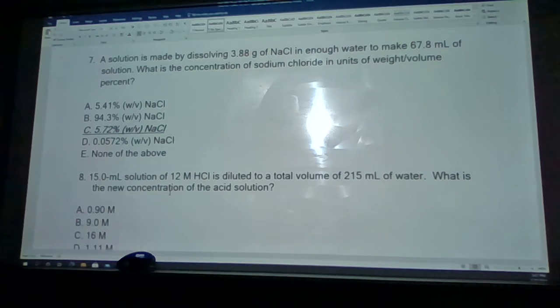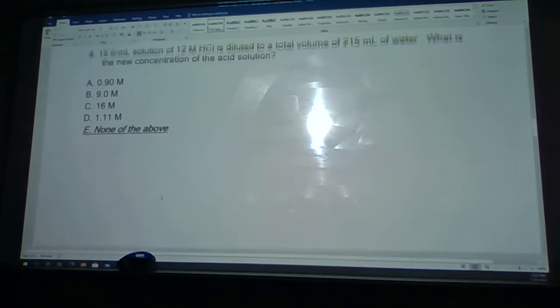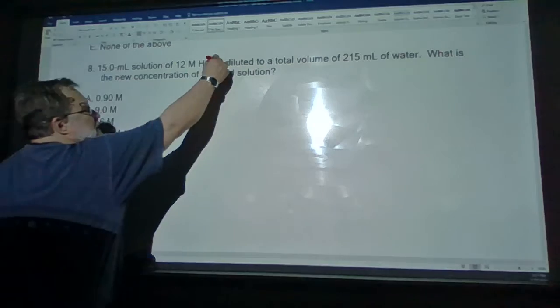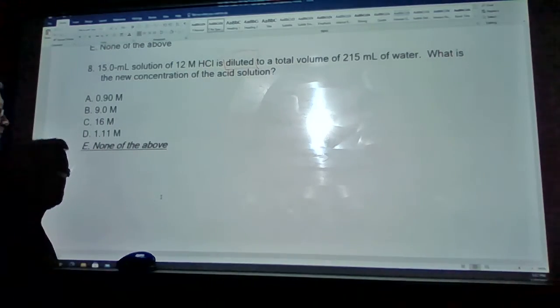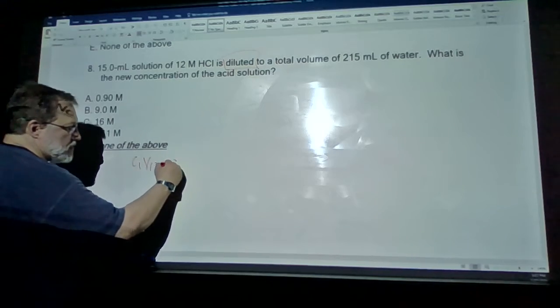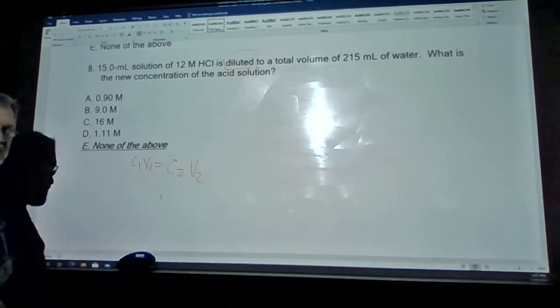Number 8, a solution of 12 molar HCl is diluted to a total volume of 215 ml of water. What's the new concentration of the acid solution? Key word, what word do we see? Diluted. This means C1V1 is equal to C2V2.